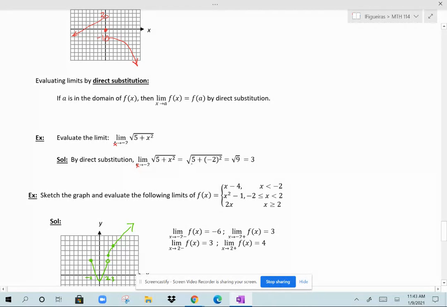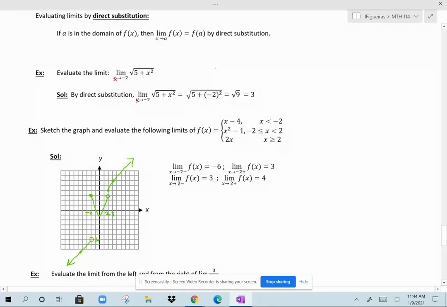So instead of plugging in numbers like -2.0001 and creating a table, I can just go ahead and plug in -2. You get 5 plus 4, which is the square root of 9, and so your limit value is 3. That's a special case where you can do direct substitution, where it's in the domain. You don't have to do anything except plug it in and evaluate.